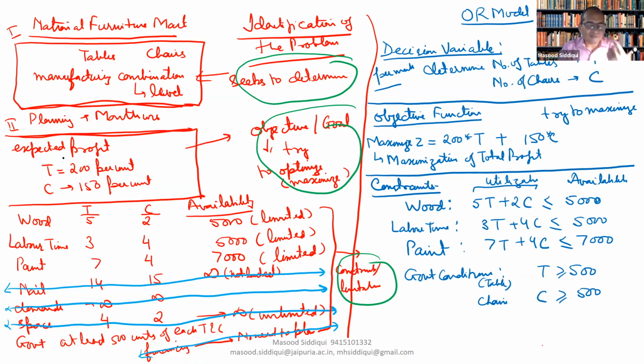Now, there is one more thing. Since this is a mathematical model that has been developed from real life, when we solve this model, it will be entered into some algorithm, either by manual solving or by computer. That algorithm would not solve the real situation; it will solve only the OR model.